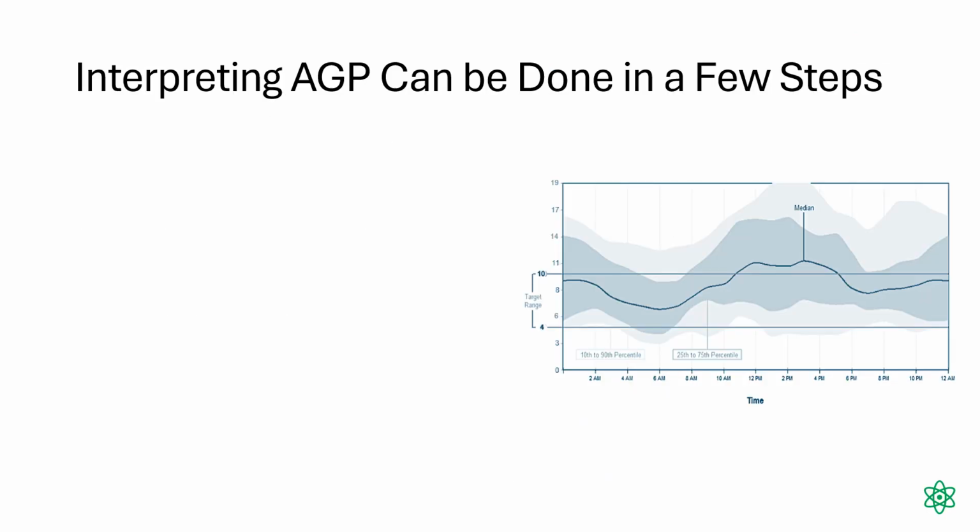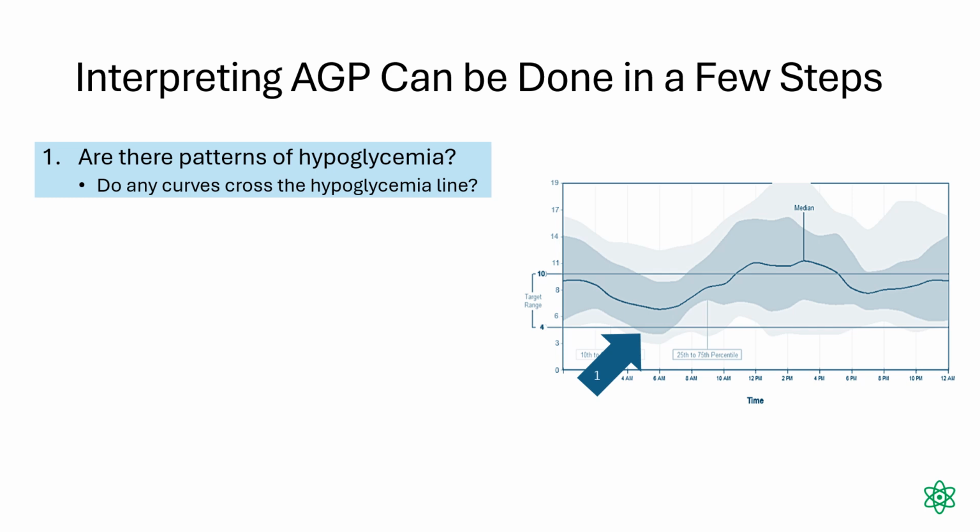And with AGP, I mentioned, we just want this tight, narrow river, and there are a few steps that we want to look at. First off, hypoglycemia. We're always looking to see if there are any hypos. And in here we can see that, yes, there is a bit of a pattern of hypoglycemia, and this median line of the average glucose is starting to drift down quite low at this time of day.